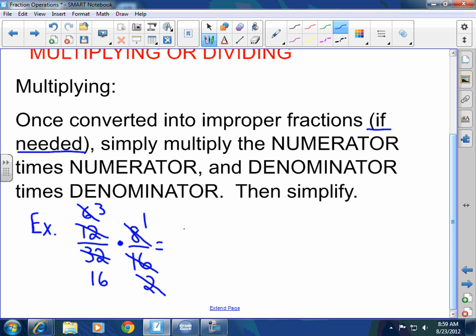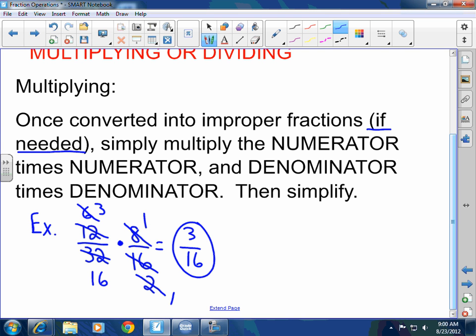So 3 times 1 is 3, and 16 times 1 is 16, and it's a lot easier to do it that way. So again, you could have just gone 12 times 8, and then the denominator 32 times 16, and then reduce. But it's much easier to cross-reduce from the beginning, in my opinion.